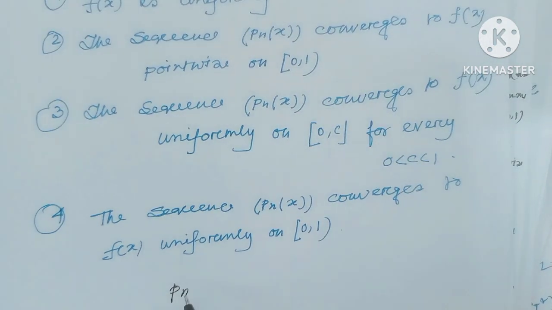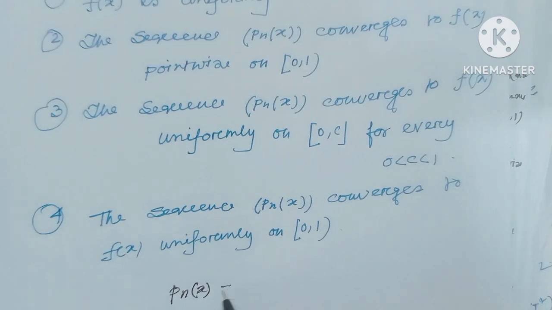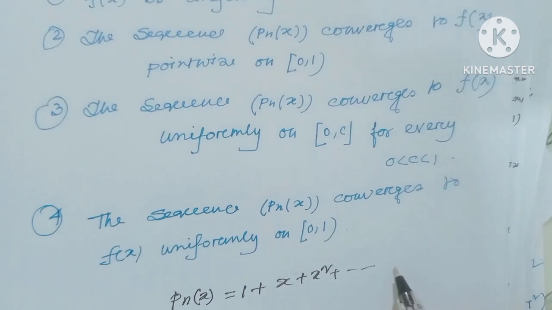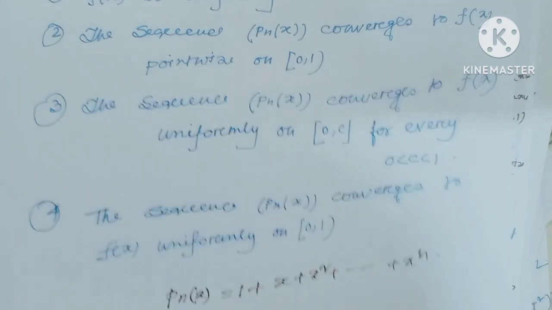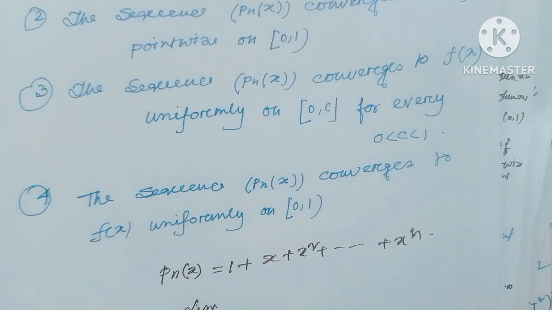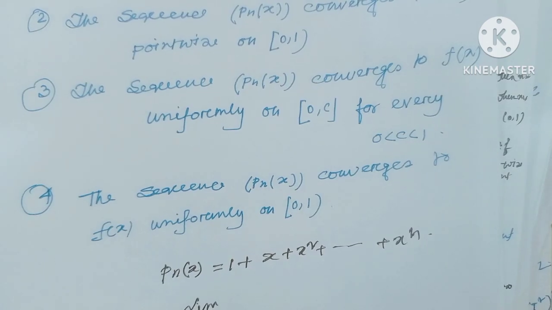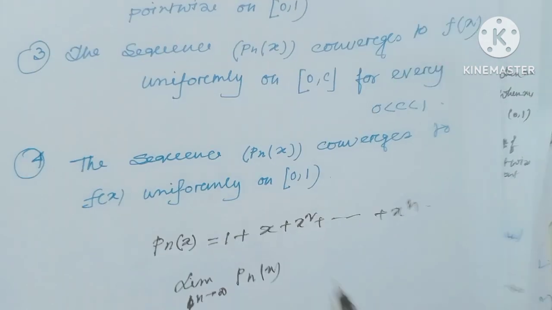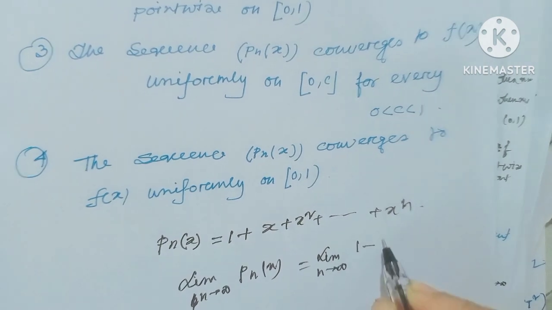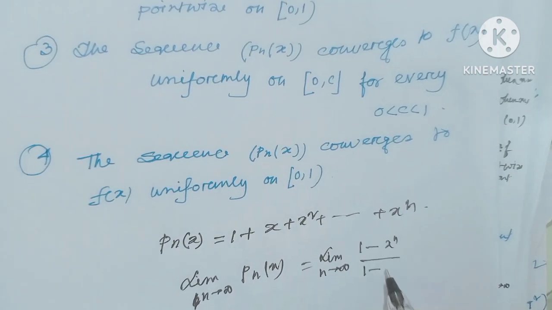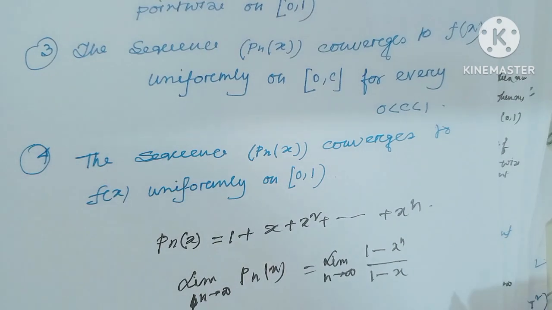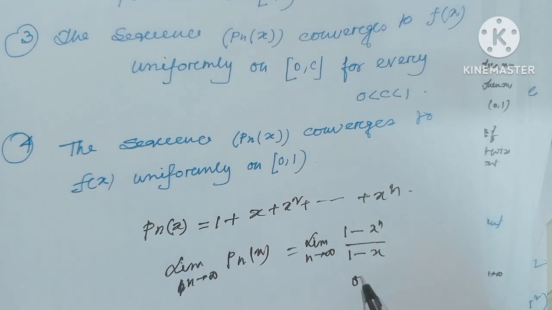For this, Pn(x) = 1 + x + x² + ... + xⁿ, and the limit of Pn(x) as n tends to infinity equals the limit as n tends to infinity of (1 − xⁿ⁺¹)/(1 − x).